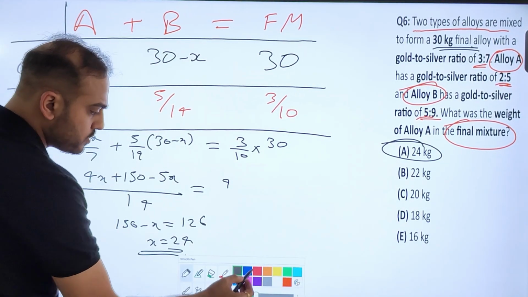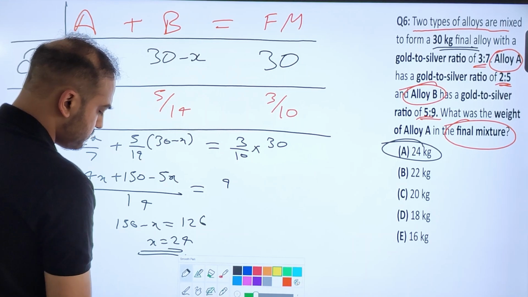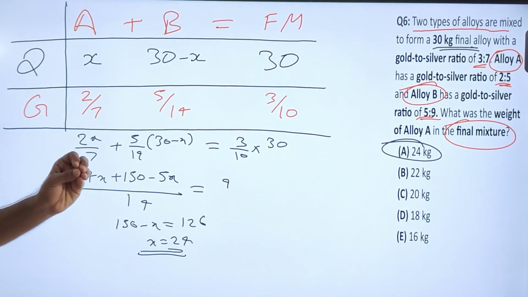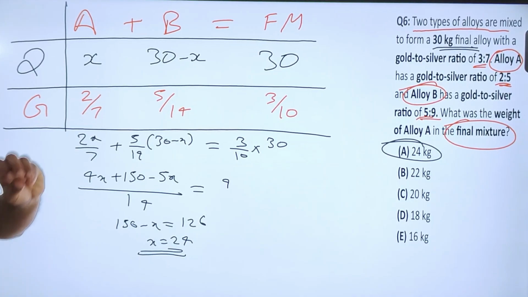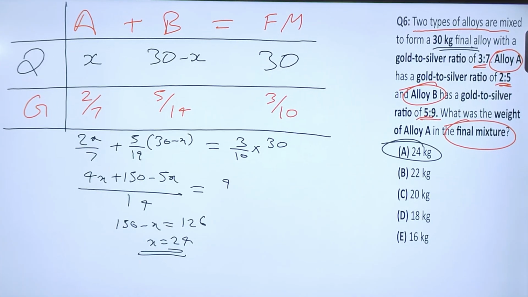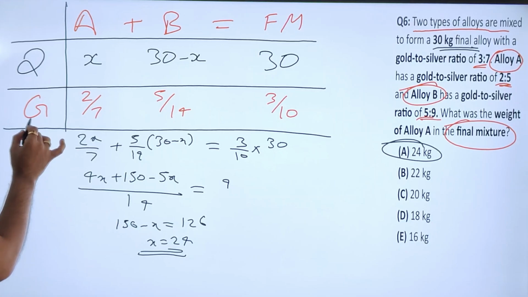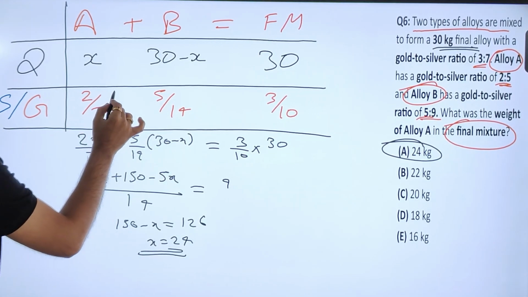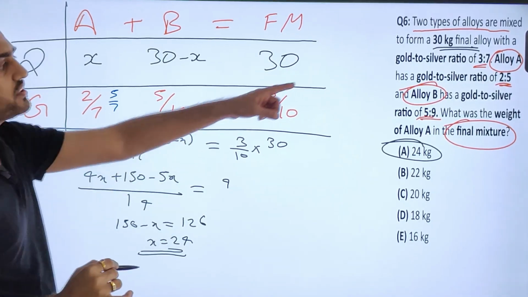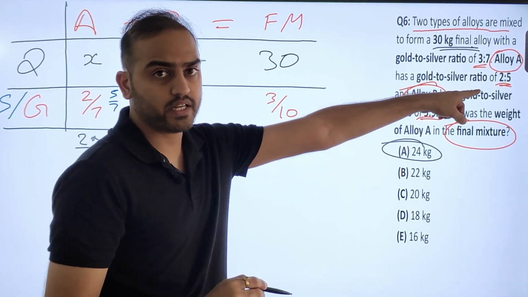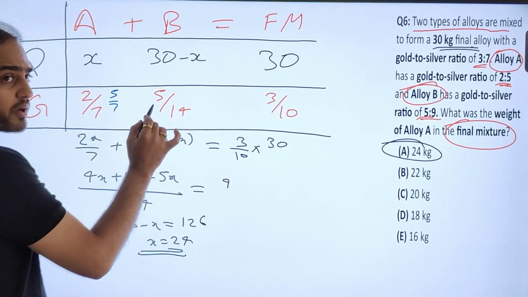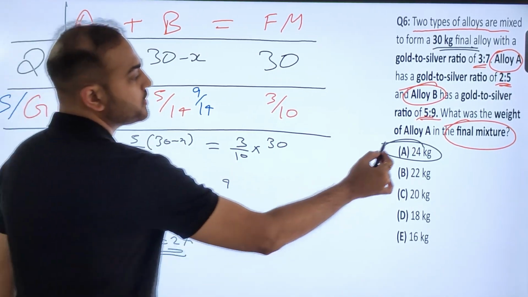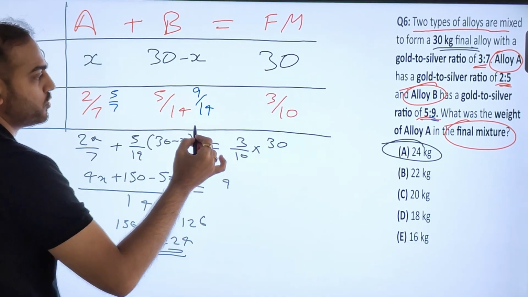Now say, for a minute, instead of gold, if you had taken silver, then what happens? Instead of 2 by 7, I write 5 by 7 because silver is 5 by 7 in A. Instead of 5 by 14, I write 9 by 14 because here silver is 9 by 14.